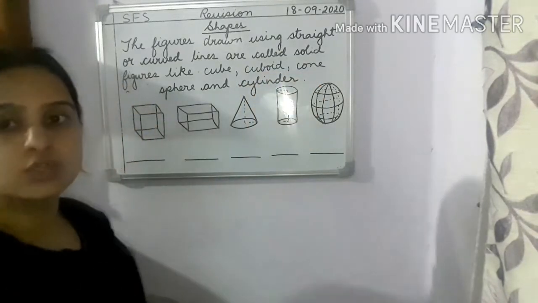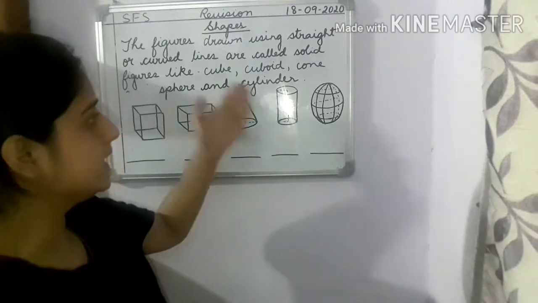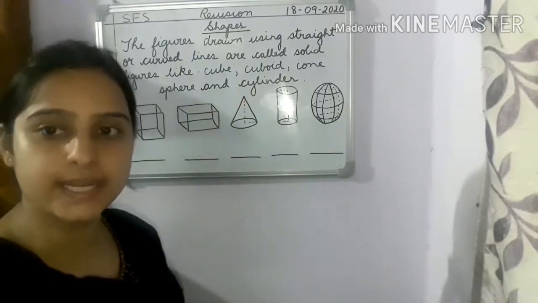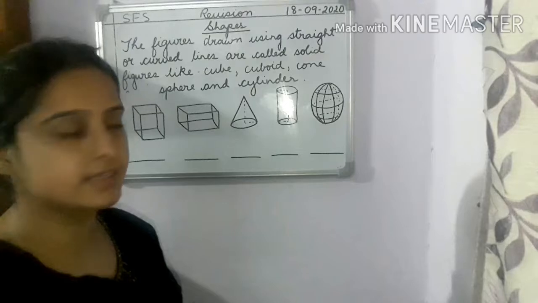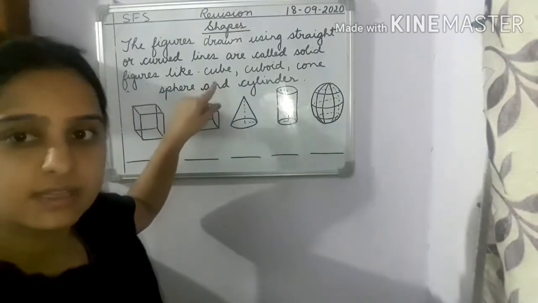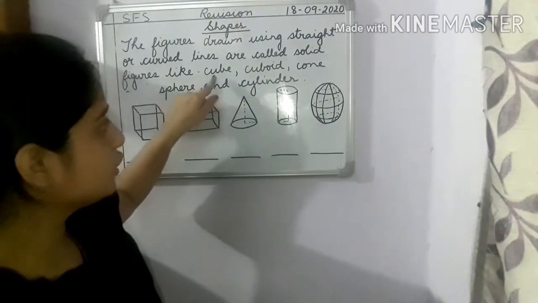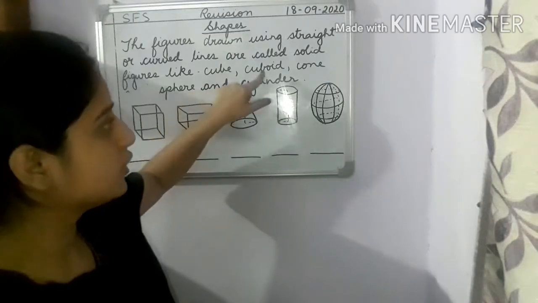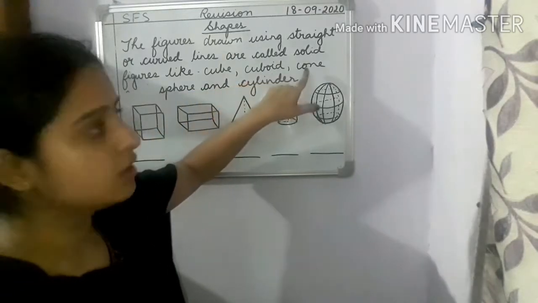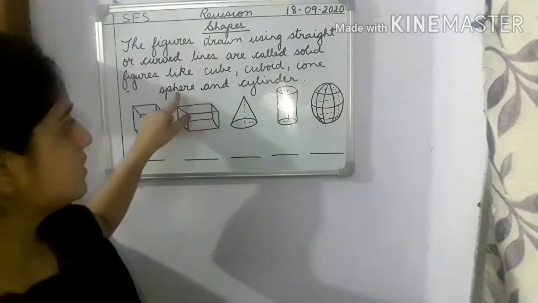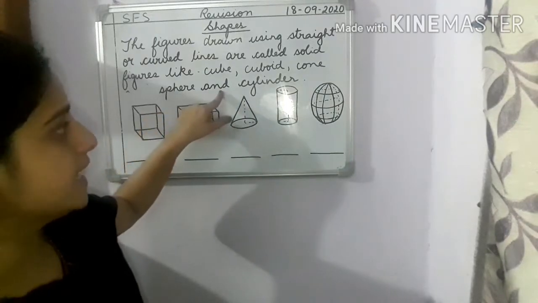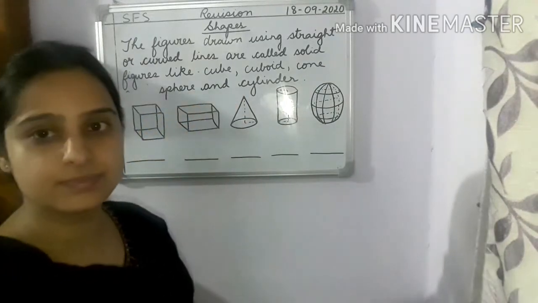Isn't it? So these are the solid figures made of straight lines and curved line. What are these names? Let's read again. Cube, cuboid, cone, sphere and cylinder.